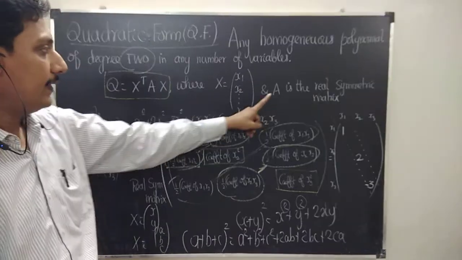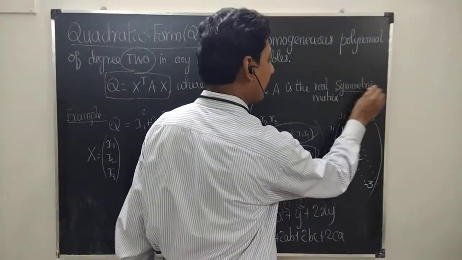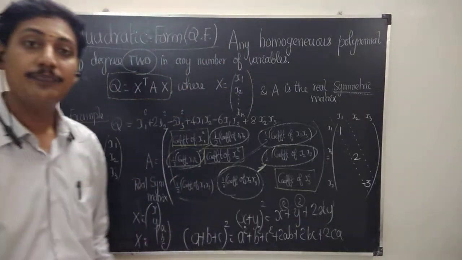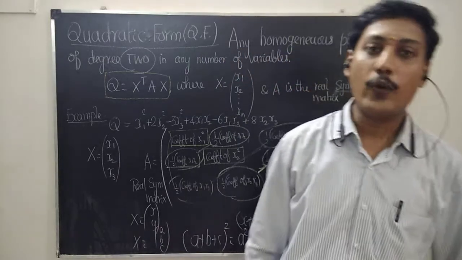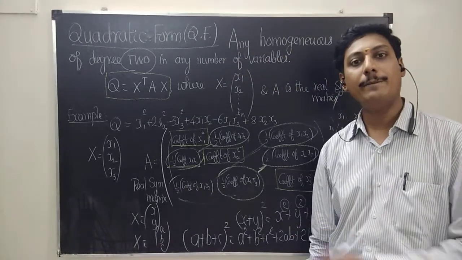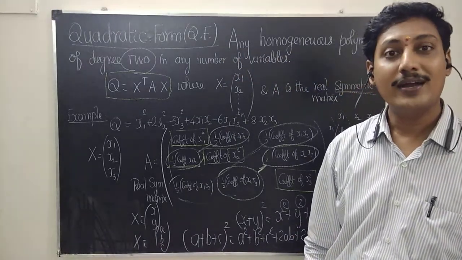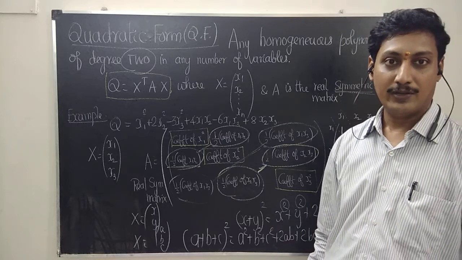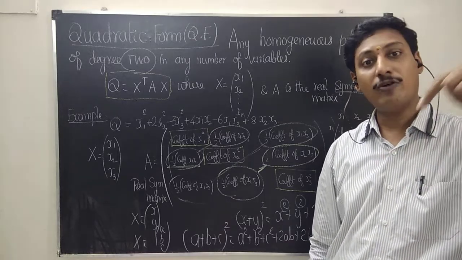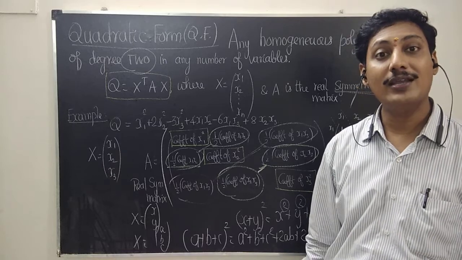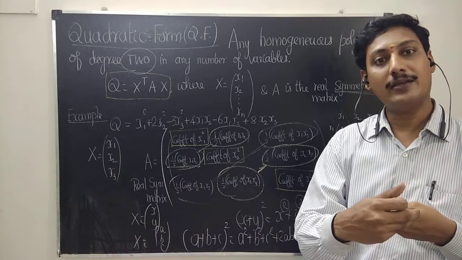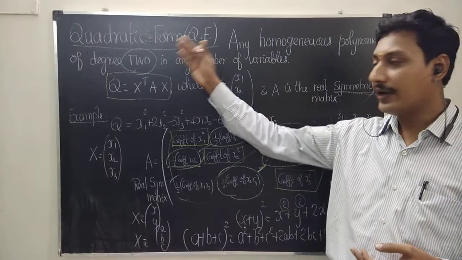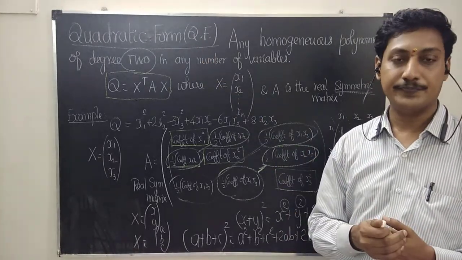What about A? A is the real symmetric matrix, because we are going to convert the quadratic form into the canonical form by using orthogonal transformation. You know the separate video I made for diagonalization of a real symmetric matrix. So I am going to use the diagonal matrix to convert quadratic form into the canonical form.